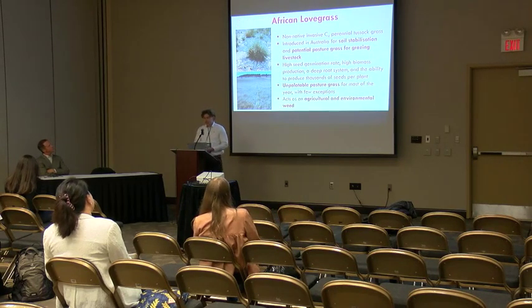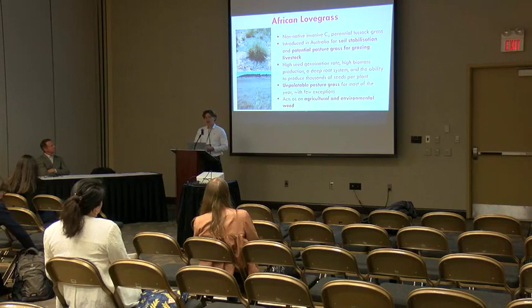The star in question is African lovegrass. This is a non-native invasive, and it's probably important to note that this research was conducted in Australia, so it's a non-native invasive in Australia. African lovegrass has spread from its original area, which is southern Africa, to many continents throughout the world, including the US, Argentina and Japan.